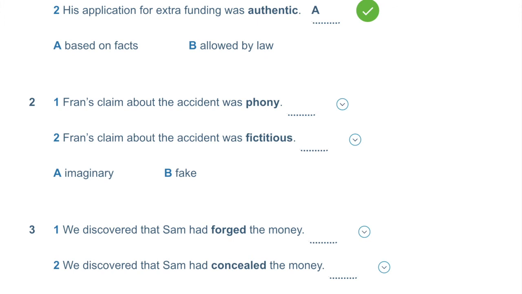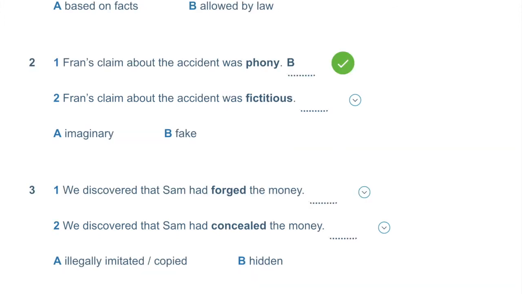Fran's claim about the accident was phony. Fran's claim about the accident was fictitious. So phony and fictitious, which one means imaginary and which one means fake? Yeah, phony is fake and fictitious is imaginary.